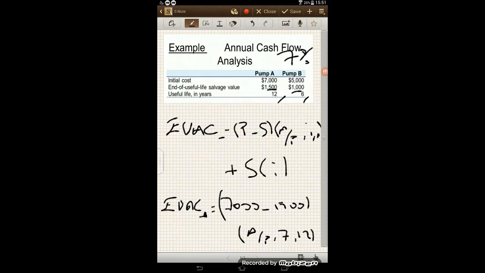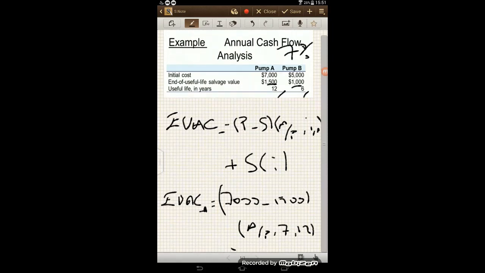And plus we are going to put 1,500 salvage value, multiplied by I, which is our 7%, which is 0.07, right?